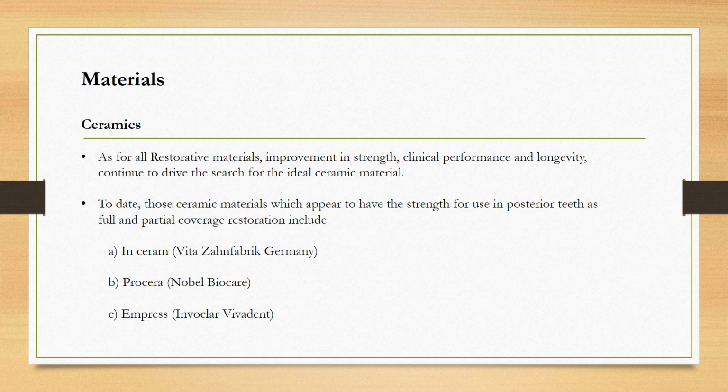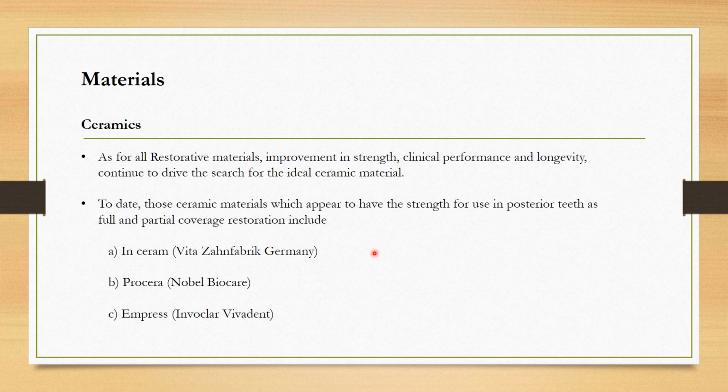Coming to the materials which are used in the advancements of the FPD. Coming to ceramics. For now, as for all restorative materials, the strength, clinical performance, and longevity continue to be the ideal requirements of a ceramic material.